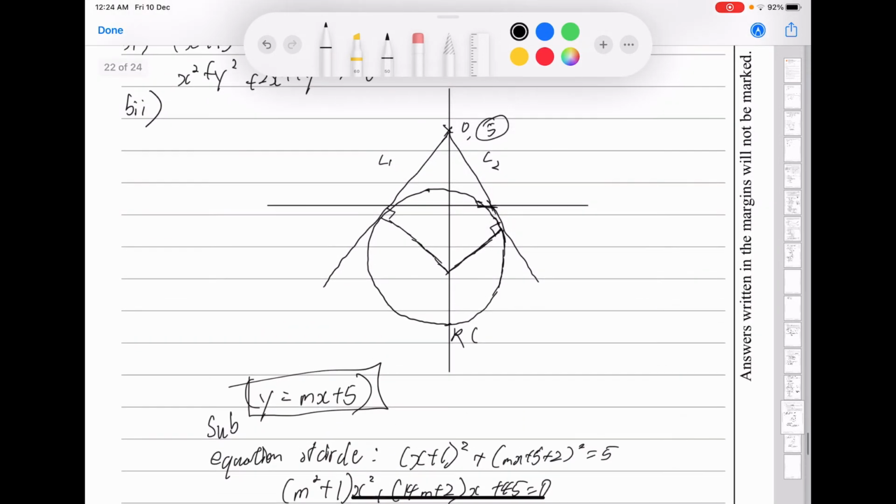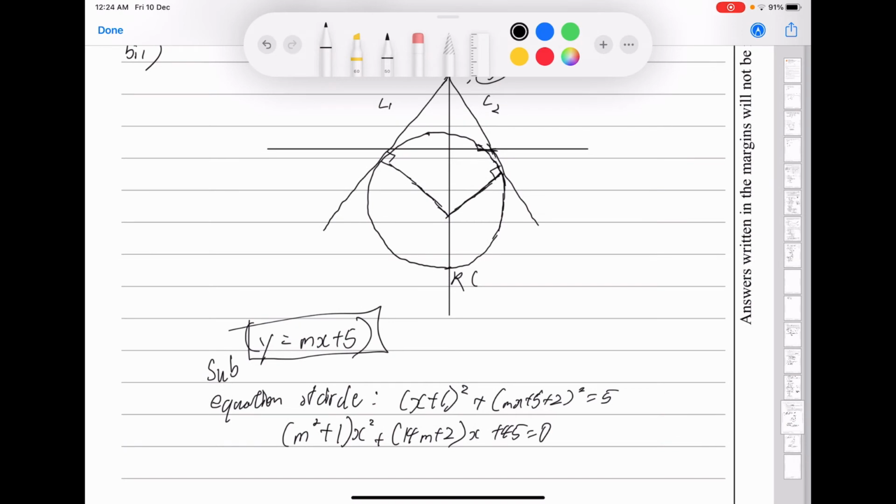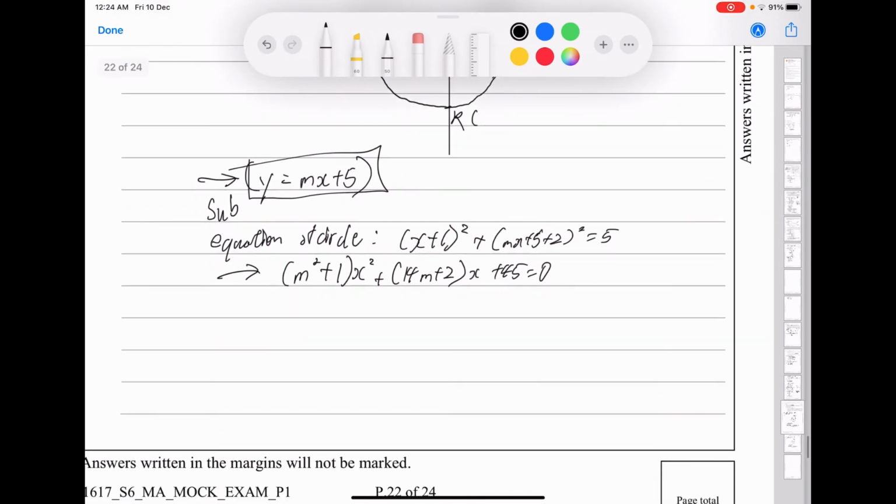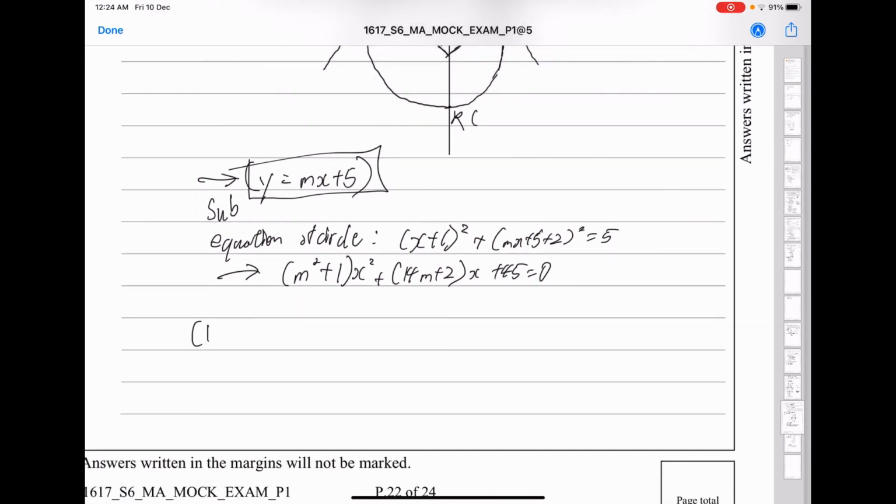This is the equation between the lines as well as the circle. So what we need to do now is, as we know, it is the tangent. So (14m + 2)² − 4(m² + 1)(45) is actually 0.